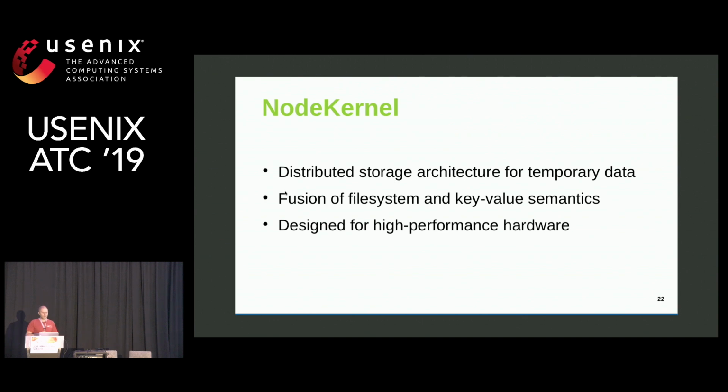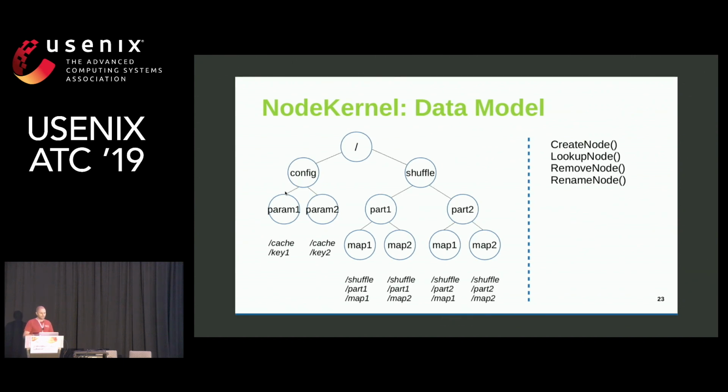NodeKernel is designed with modern hardware in mind, so many of its design decisions are direct consequences of characteristics of fast network and storage hardware. So let's dive into the data model of NodeKernel. NodeKernel exposes a hierarchical namespace of nodes.